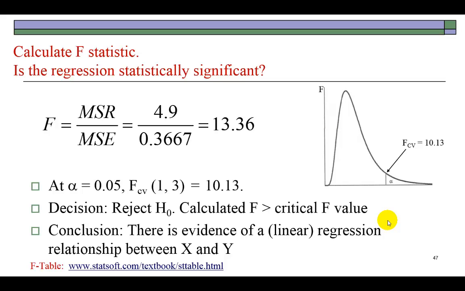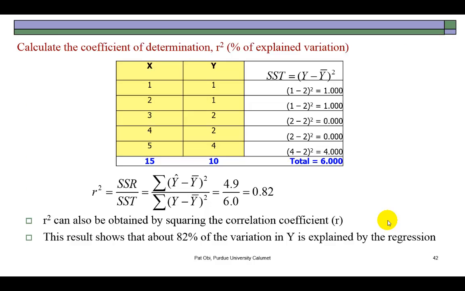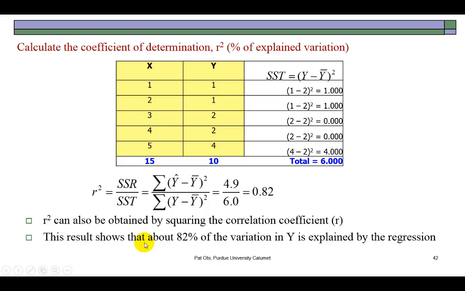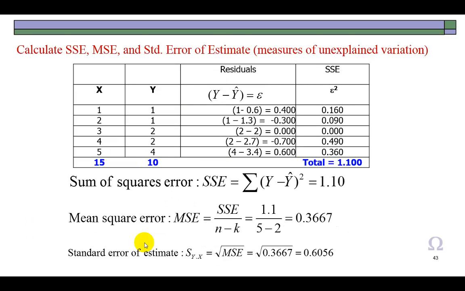So using the earlier data, and if I go back a little bit right here, alright, so this is our earlier data. With this data set, we calculated sum of squares regression and mean square regression, which is 4.9. Also, we calculated, if I go forward, the sum of squares error, and importantly the mean square error, which is 0.3667.